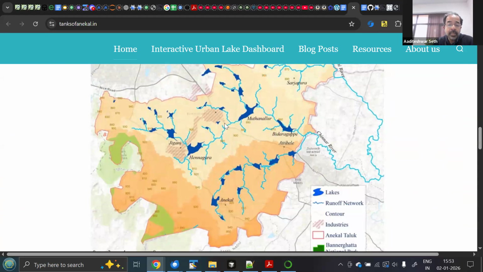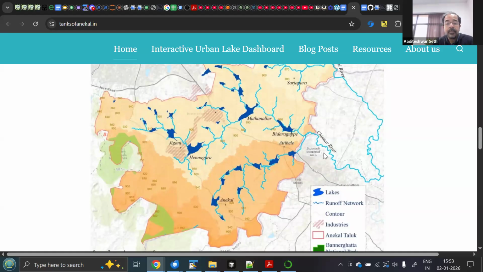That's one problem. Another is that there might be some construction happening on these drainage lines. Otherwise, when it rains, the water first collects here, then it flows down, then it collects over here and so on, into this river.